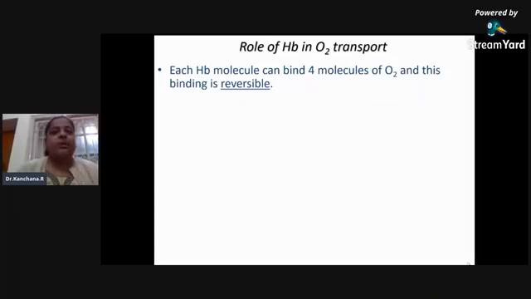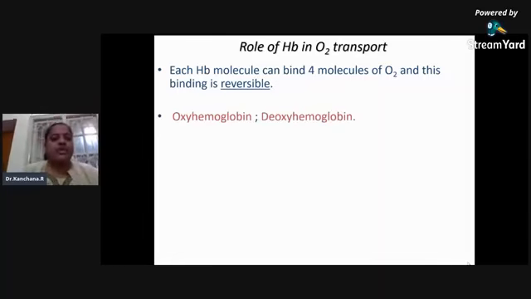Each hemoglobin molecule can bind 4 molecules of oxygen, and this binding is reversible. When it's bound with oxygen, it's called oxyhemoglobin, and when it gives away the oxygen, it's called deoxyhemoglobin.